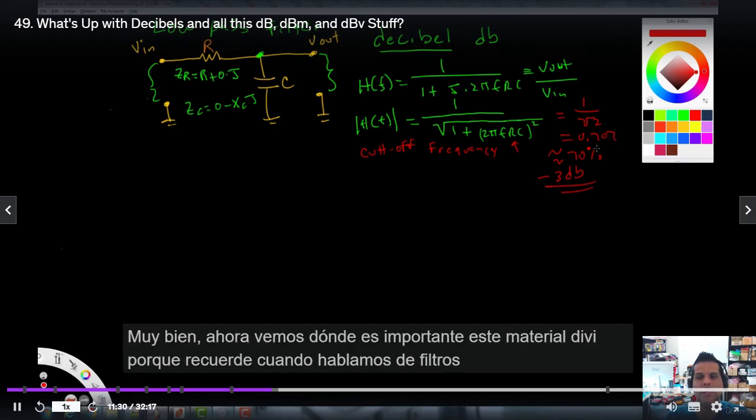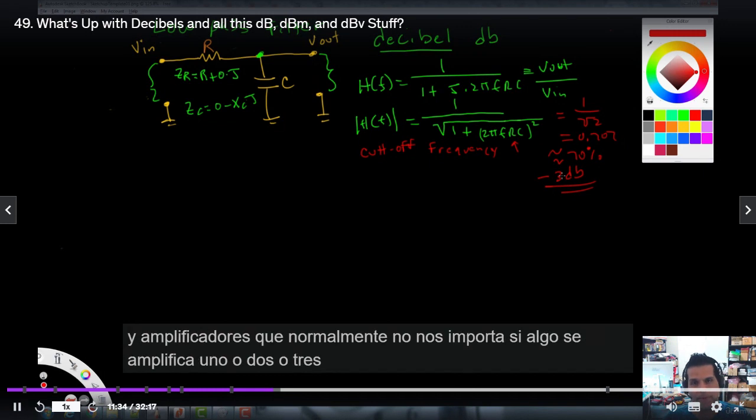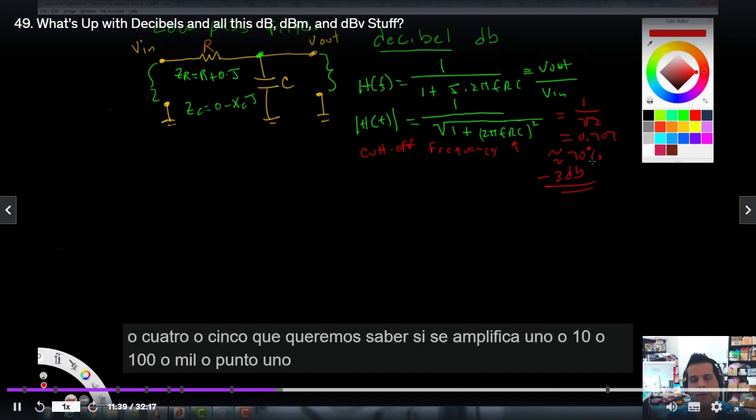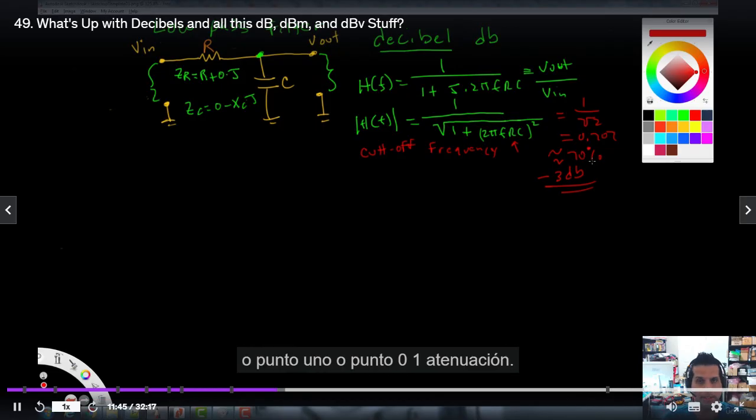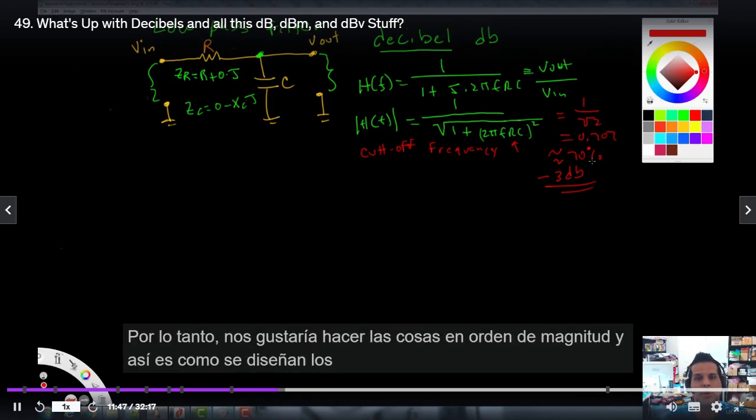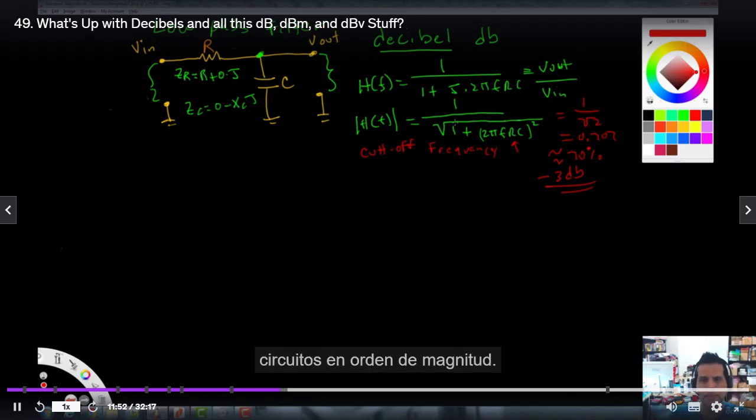Now we see where this dB stuff is important. When we're talking about filters and amplifiers, we don't typically care whether something is amplified 1 or 2 or 3 or 4 or 5. We want to know if it's amplified 1 or 10 or 100 or 1,000, or attenuated 0.1 or 0.01 or 0.001. We like to do things in orders of magnitude, and that's how circuits are typically designed.